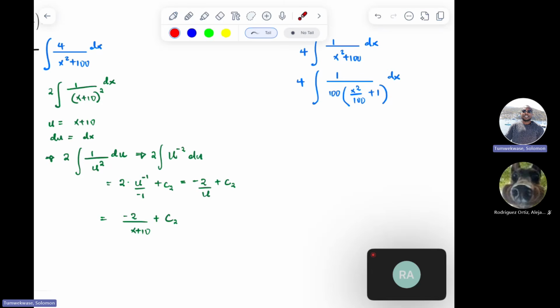I hope you see that when I open up these brackets, the 100 multiplies with this, I go back to x squared, and 100 times 1 goes back to 100. So I haven't changed anything.